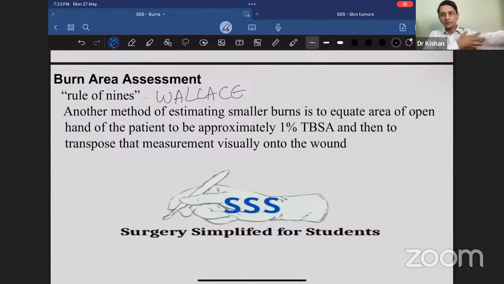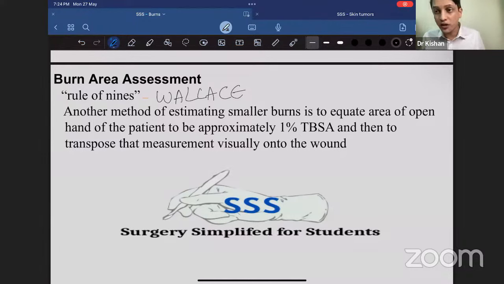Entire left upper limb is 9%. The upper chest is 9%. The upper back is 9%. My abdomen constitutes the lower, this is 9% and lower back is 9%. The front of the entire lower limb constitutes 9% and back of the lower limb constitutes 9%. Same on right side and left side.